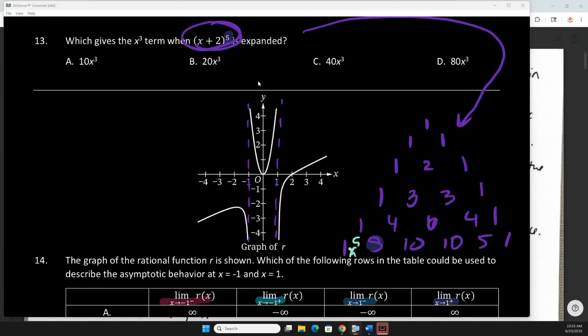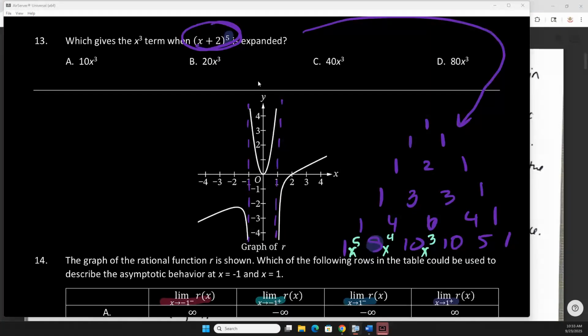This would be 5 times something x to the 4th, 10 times something x to the 3rd. So that first x power is going to be the 5th power, like the original problem, and then it should go down. This is very easy to mess up because a lot of people want to choose this one, and that is wrong. Don't do it.